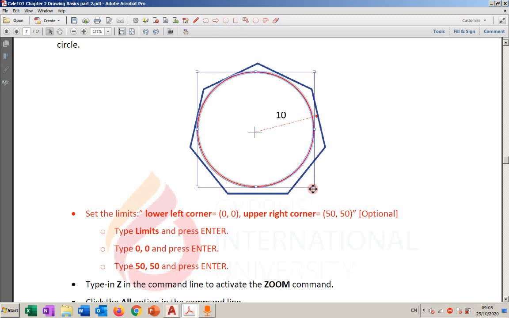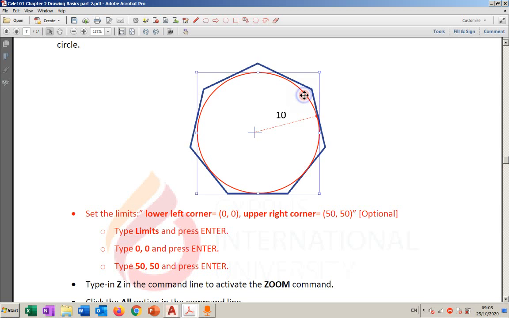Now you realize that we can use this 10 as a radius of the circle, but where will the circle be? The circle will be inside the polygon. Look, the circle will be inside the polygon. So we call this one what? Circumscribed about circle. I mean, the polygon circumscribed about the circle.